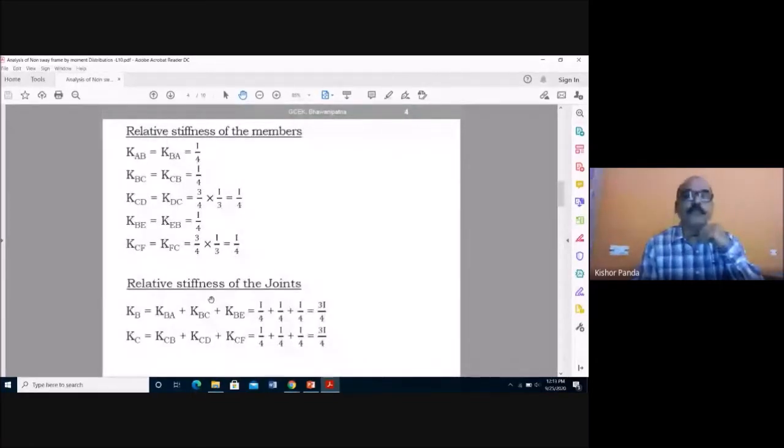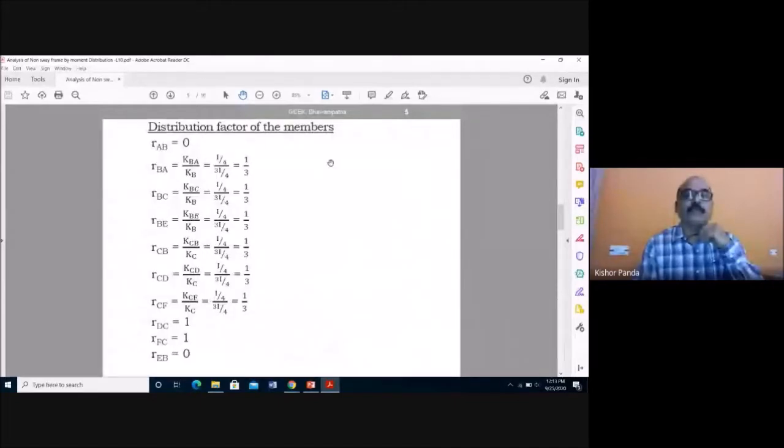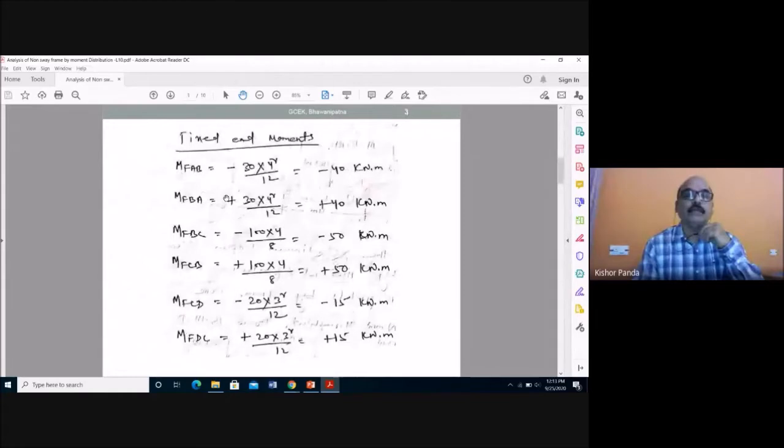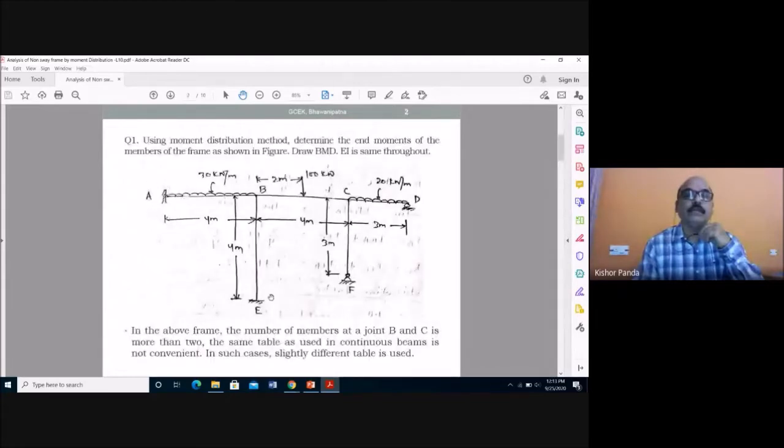Next step is you have to find out the distribution factor of the members. So here you know that if the end is fixed, the distribution factor is 0, and if it is simply supported, the distribution factor you have to take as 1, and for all other ends of the members you have to find out the distribution factor BA, BC, BE, CB, CD and CF.